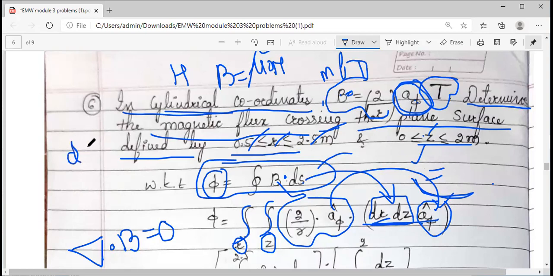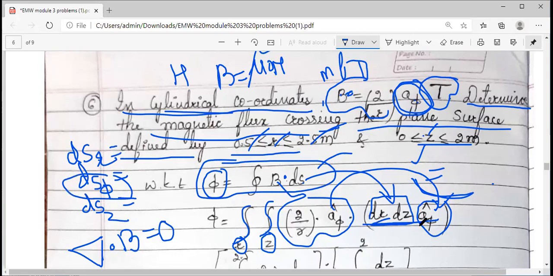Actually, you come across ds r, ds phi, and ds z. I think three different equations I have given you in the class, out of which you have to use ds phi.